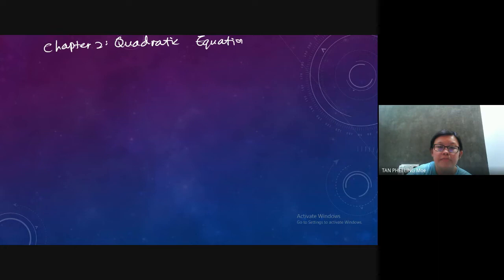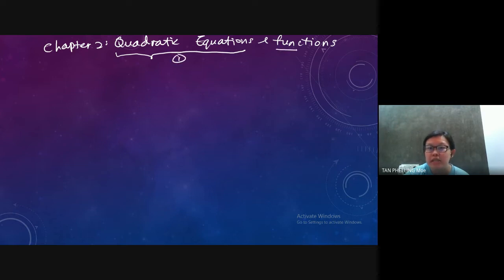Now this is in O syllabus, right? It is divided into 2 parts. In fact, 2 chapters. Chapter 2 is quadratic equation. Chapter 3 is quadratic function. Now they actually rearrange it and combine both. That's the only difference. So we will focus on first part, quadratic equation. Then only the second part, we will go on with quadratic function.